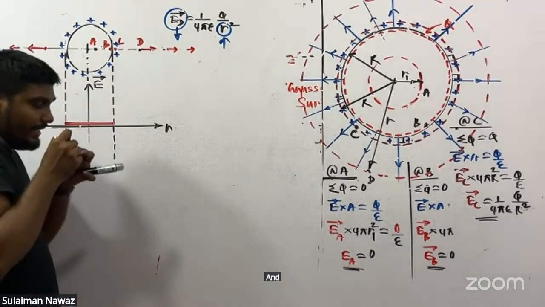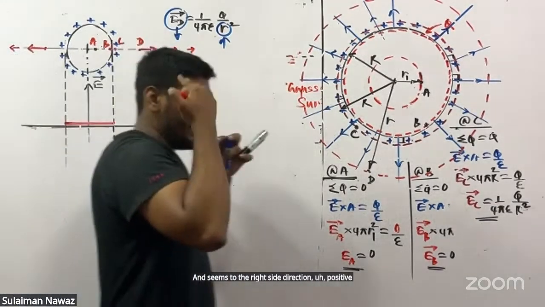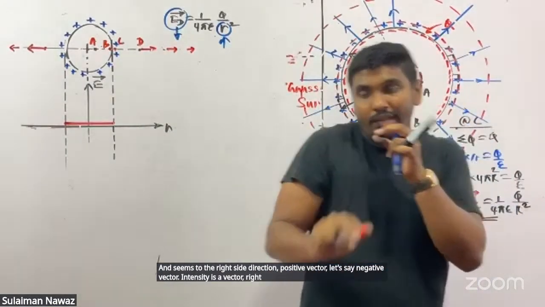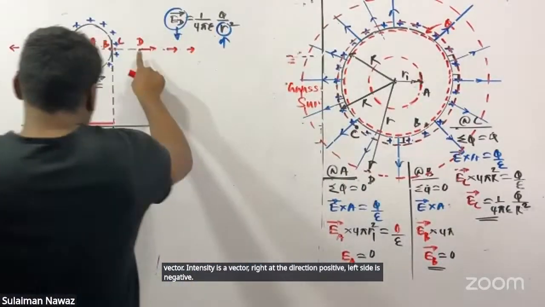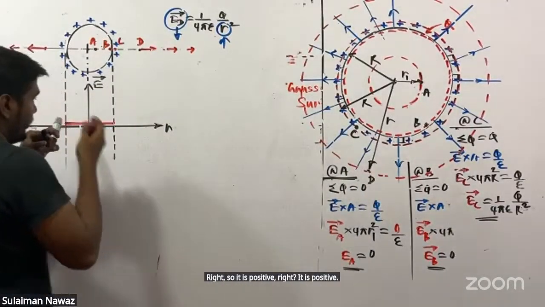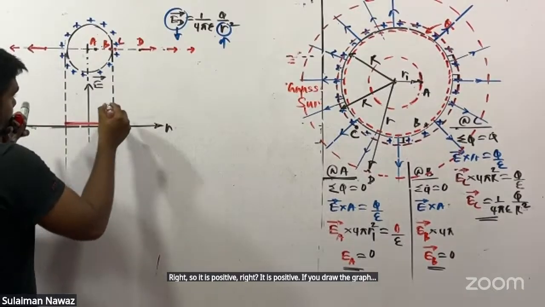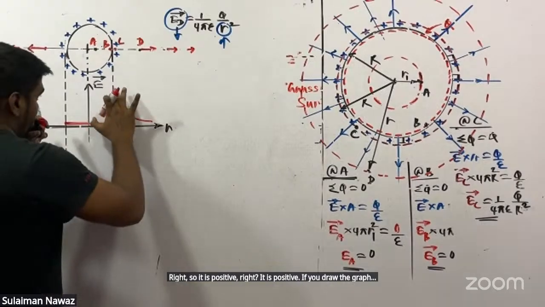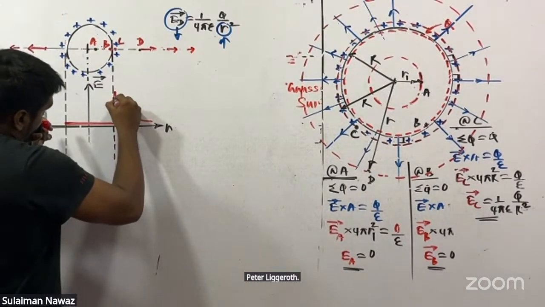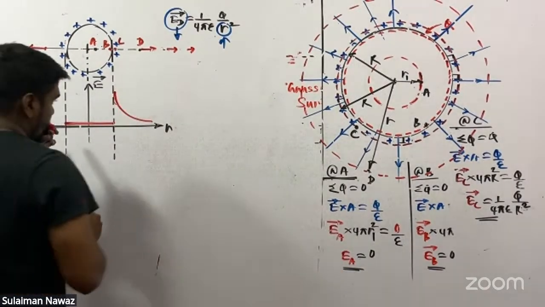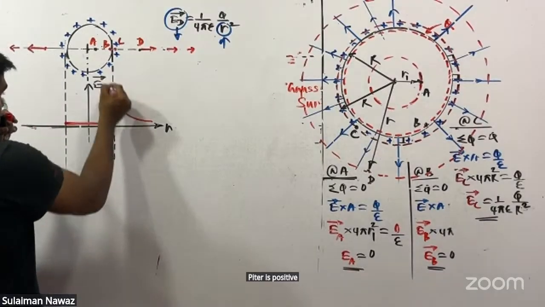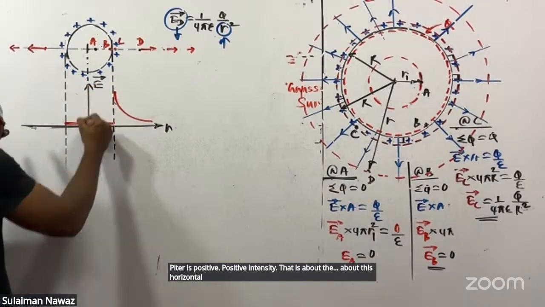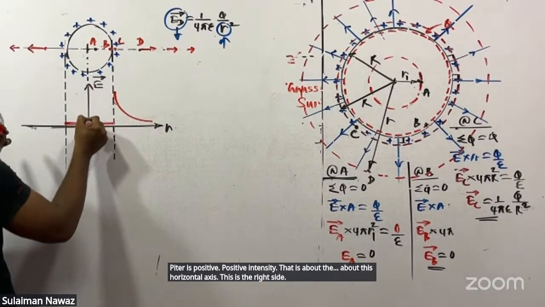Intensity is a vector: right side direction is positive, left side is negative. If you draw the graph, right side is positive intensity, that is above this horizontal axis. These values are positive intensities.